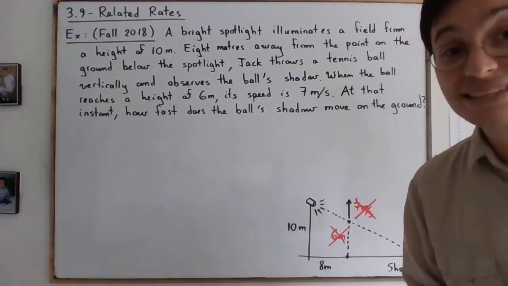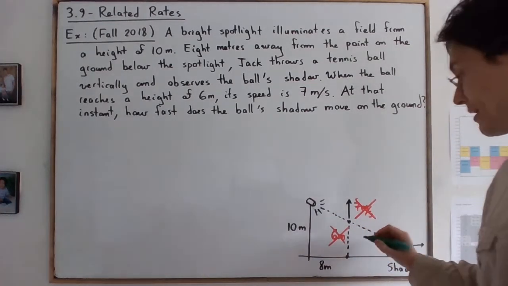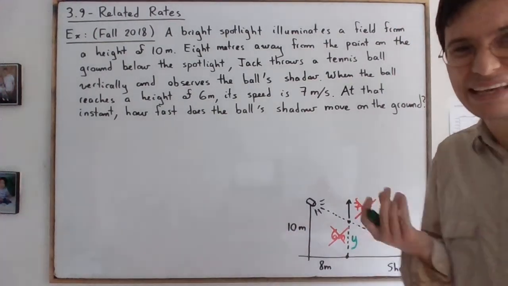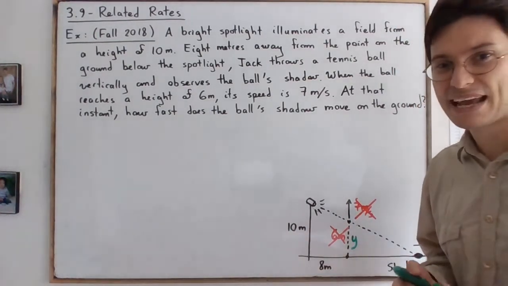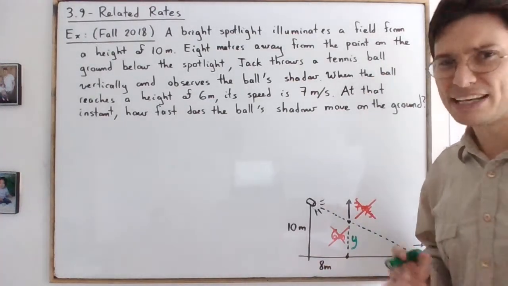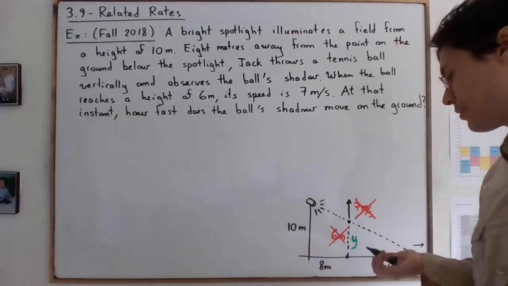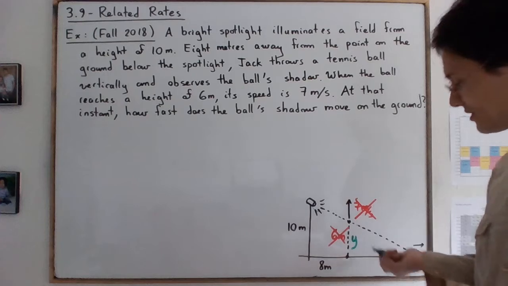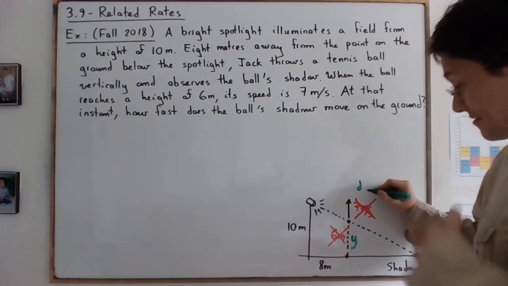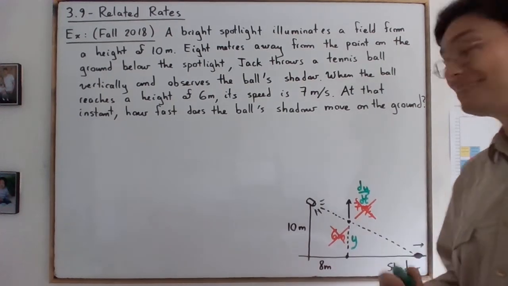What you have to do instead is write variables for them. For example, I'm going to call this y. It's very appealing because in physics you're used to y being the vertical coordinate. And this arrow over here, instead of 7 meters per second, we're going to write dy over dt.